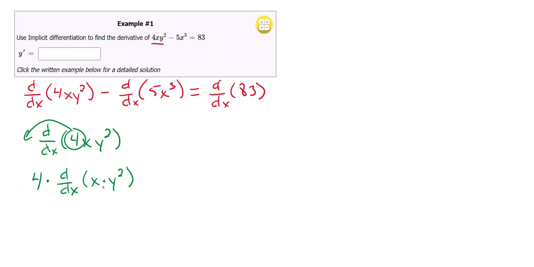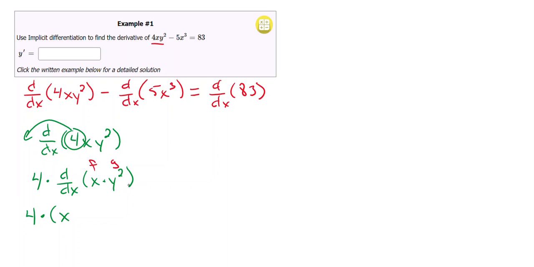Now we get to use the product rule. We can think of this as being my f, and this as being my g. So if we take the derivative, this would be 4 times, and applying the product rule, which is f times g prime plus g times f prime. f is my first, so that's x, times g prime.